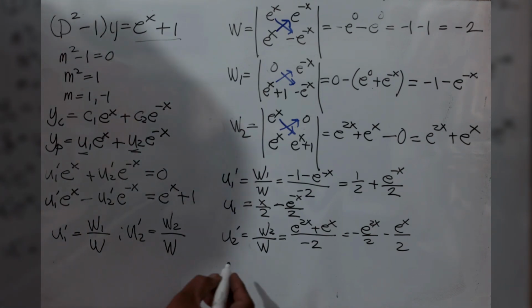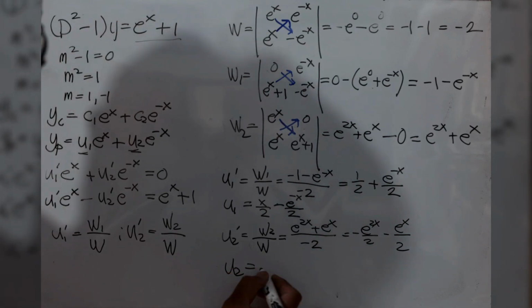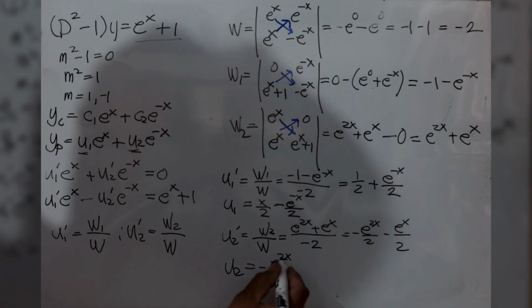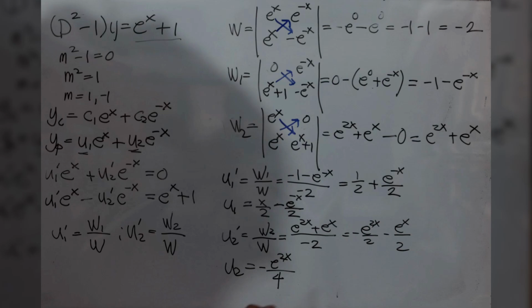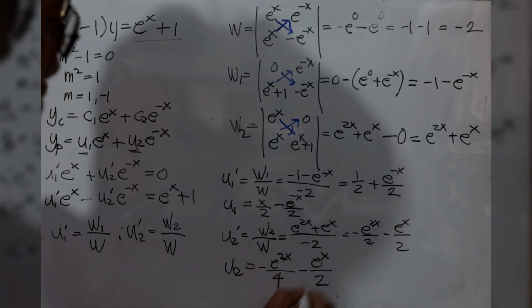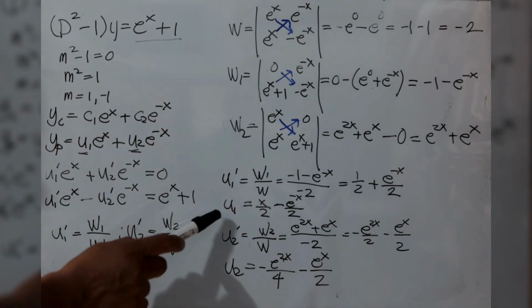And the integral of u sub 2 prime is, this becomes negative e to the 2x over 2 times 2, which is 4. And this one will remain the same, equal to minus e to the x over 2. So we now have our u sub 1 and u sub 2.